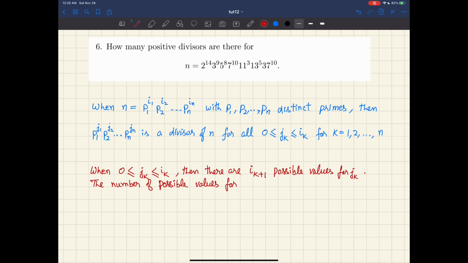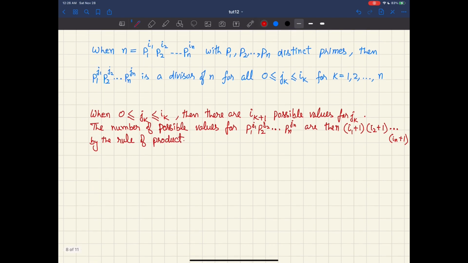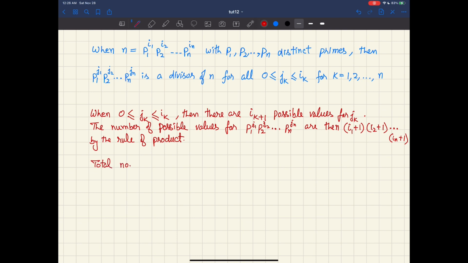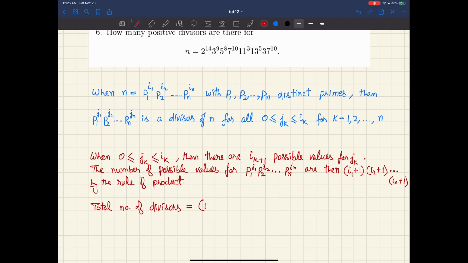So the number of possible values for p1 to the j1, p2 to the j2, and so on till pn to the jn would be i1 plus 1 times i2 plus 1, and so on till in plus 1. Now this is by the rule of product, because you could keep 2 to the power 14 constant and then move to 3 to the power 9, or keep the first two prime numbers constant and move the rest of the numbers. So that's why we are doing a multiplication here.